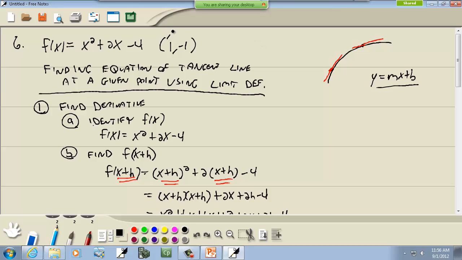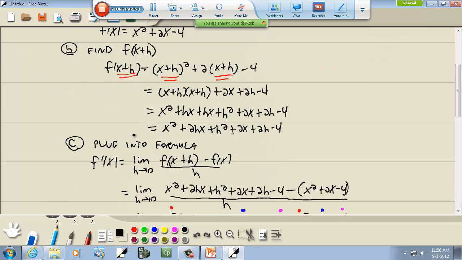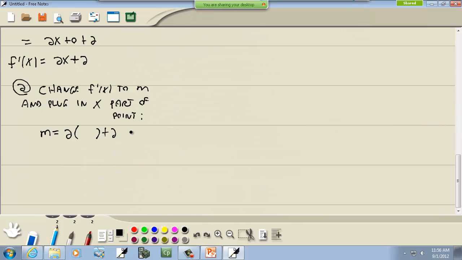Well, this is our x and this is our y, so the x part is 1. So let's scroll down. I'll put 1 in here. So 2 times 1 is 2 plus 2, so we get m is equal to 4. And let's continue.